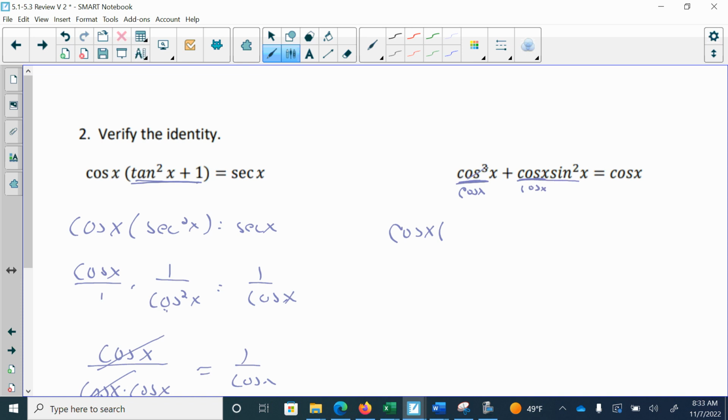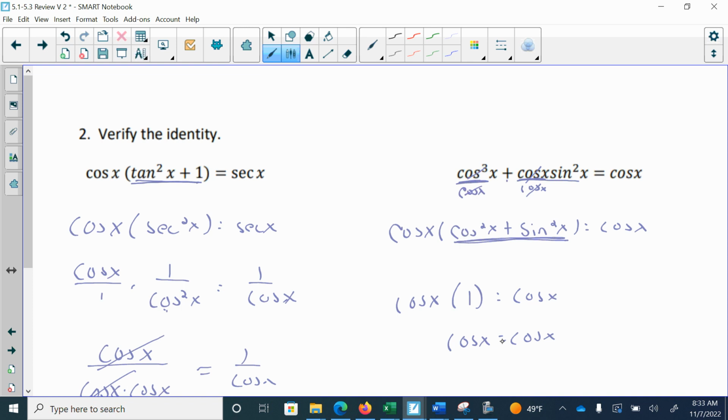I will have cosine squared, my first term, plus sine squared x, since these cosines simplify, is equal to cosine x. Hopefully you recognize this Pythagorean identity. It is the main Pythagorean identity. So I'm going to have cosine squared plus sine squared, which is equal to 1. So my final step is going to be cosine x is equal to cosine x.